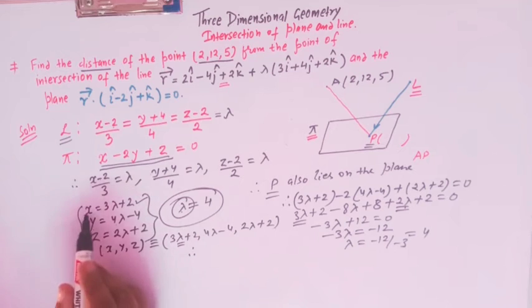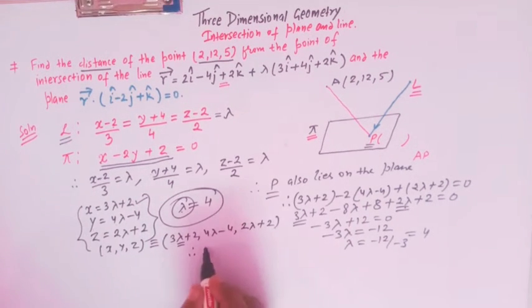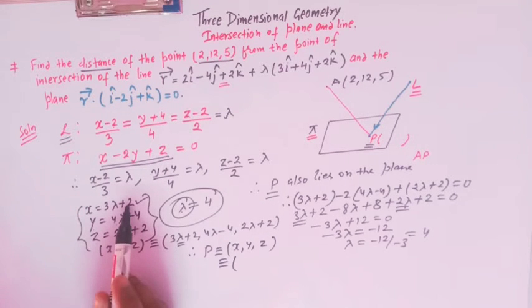So therefore the coordinates of this point P are given by x comma y comma z, and x can be calculated from here, that is 3 lambda plus 2.